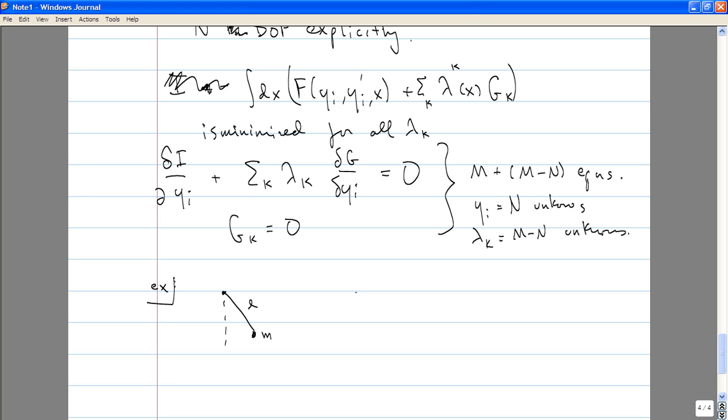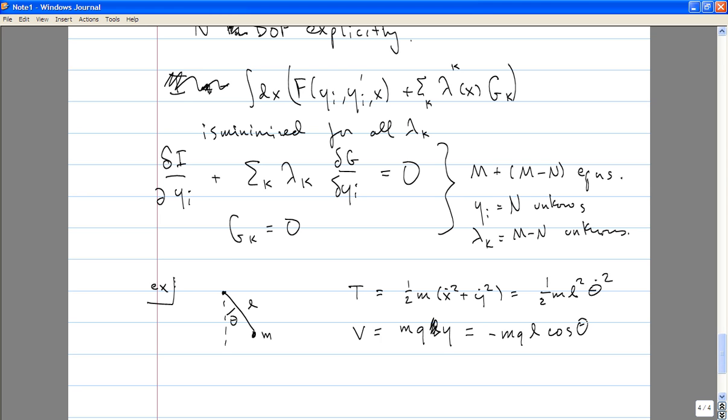So the way that we solved this problem previously is we took as our degree of freedom theta, and we wrote the kinetic energy and the potential energy as functions of theta. So this first guy was 1/2 m l squared theta dot squared, and the second guy was minus m g l cosine theta.